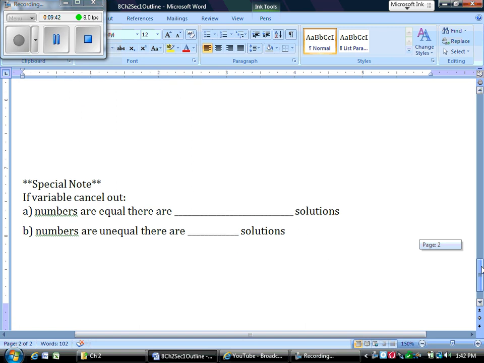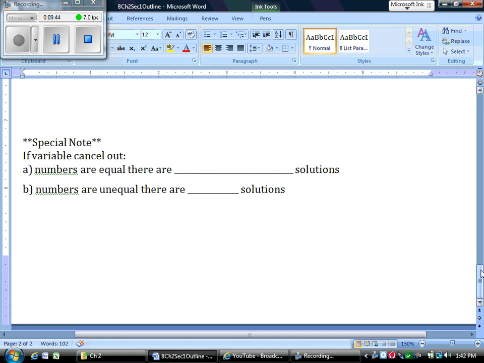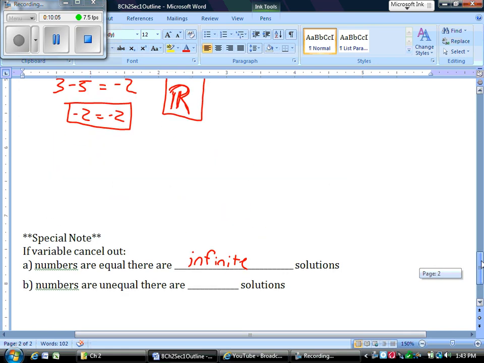Okay? Now you'll notice at the bottom there's a special note. It's not every time the variable cancels out that you get all real numbers. I think we've talked about this before. But when the variable cancels out, you get 2 scenarios. One, the numbers are equal, and there are infinite solutions. That's the one that you just saw. Negative 2 is equal to negative 2. That's true.